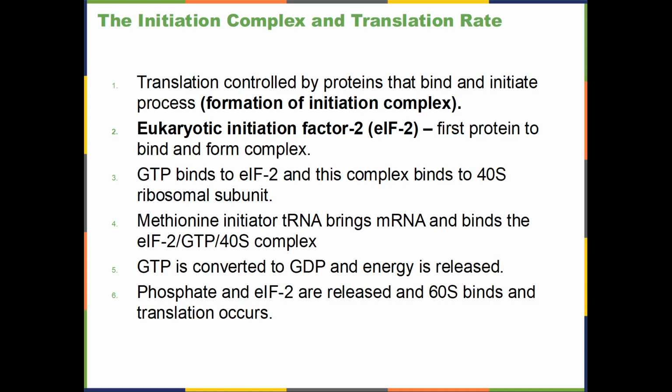GTP is converted to GDP and energy is released. This is very similar to ATP being converted to ADP with a release of energy, all right? Phosphate and this complex are released, and the 60S subunit, this is the larger of the subunits of the ribosome, binds, and translation begins. All right?